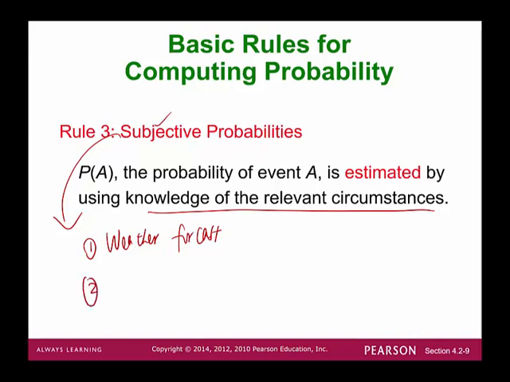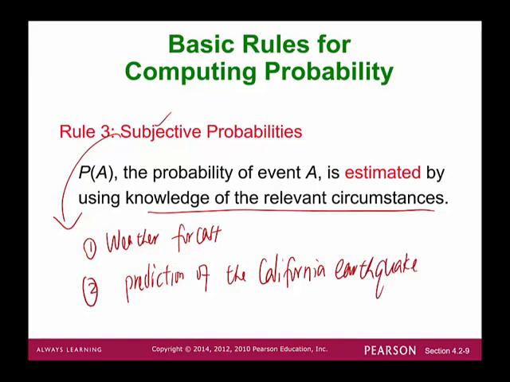Second example could be the prediction of a California earthquake. That's also a subjective probability. Nobody knows when that occurs, but you can only make a prediction about it using professional equipment and knowledge.